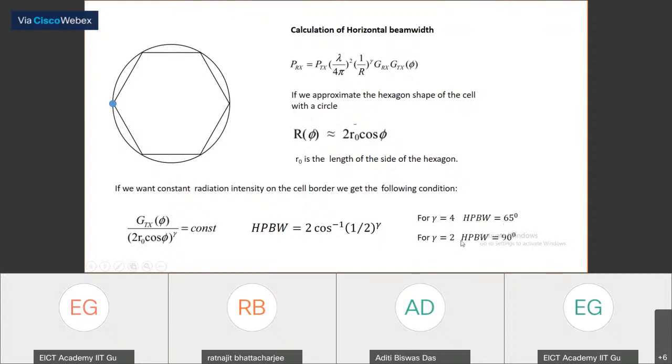For gamma equal to 2, you will get the half power beamwidth to be 90 degrees. So now this becomes the challenge for us to design an antenna with a 65 degree or a 90 degree half power beamwidth, so that we get uniform coverage across the periphery of this circle.